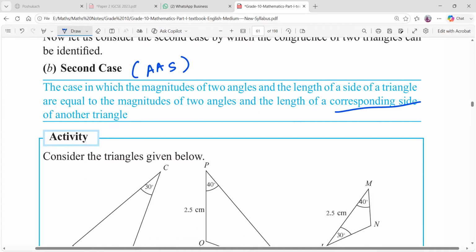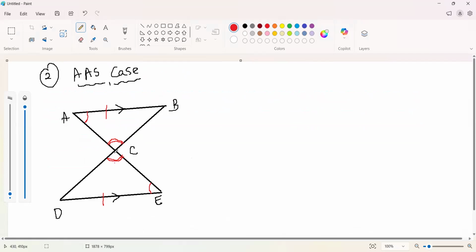It should be in the same place. Two angles and one what? One side. Here is the side, and this angle is in front of it. Here, angle C is in front of, near to angle E. Angle C is in front, near to angle A. Like that, the side is placed in the same place.